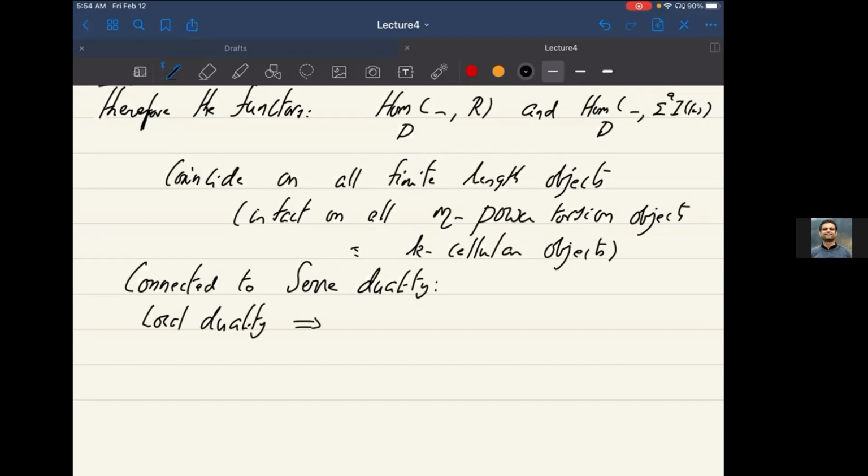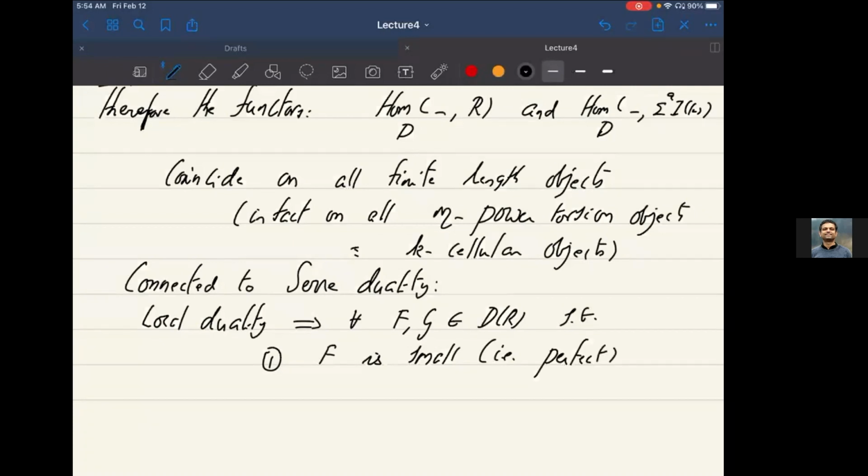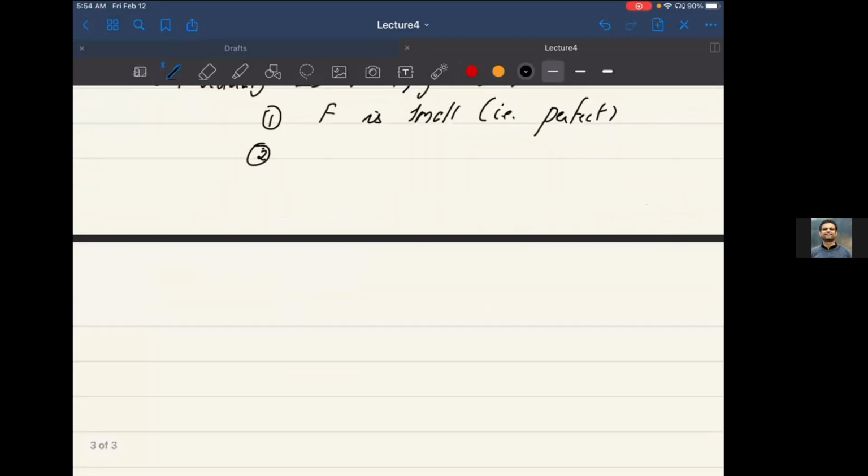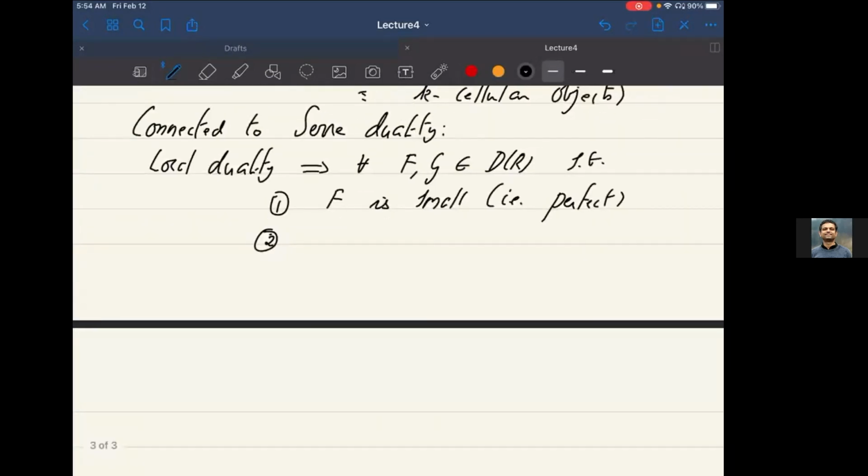which implies that if you take any objects in the derived category, there are two conditions. The first condition is that F is a small object, so compact or small. Remember that means a perfect complex. And the second condition, since I want to talk about duals, one needs some sort of finiteness of cohomology.